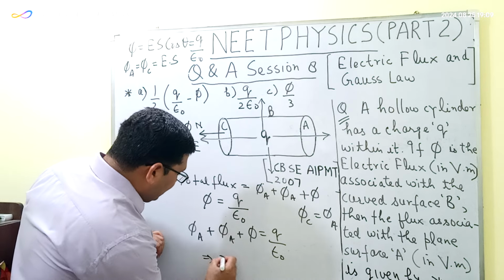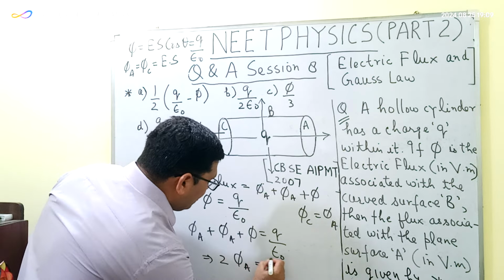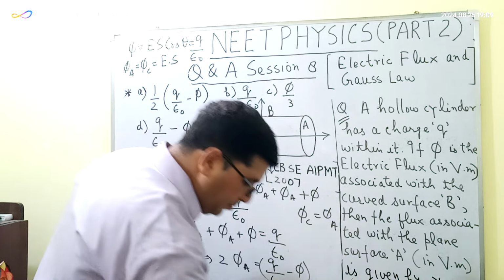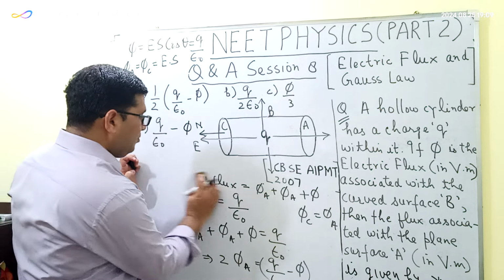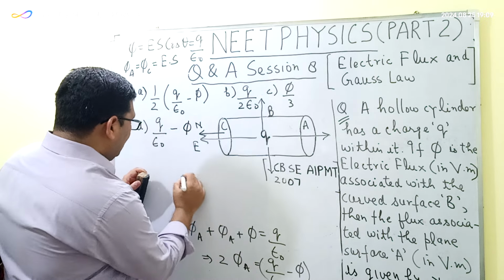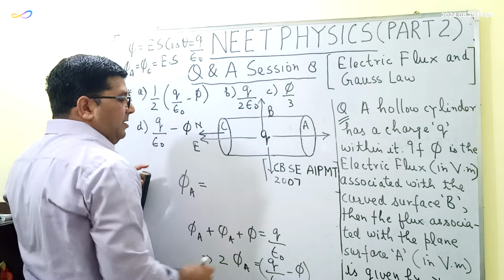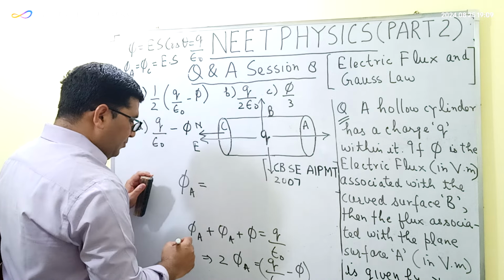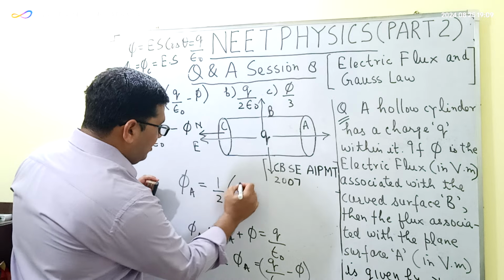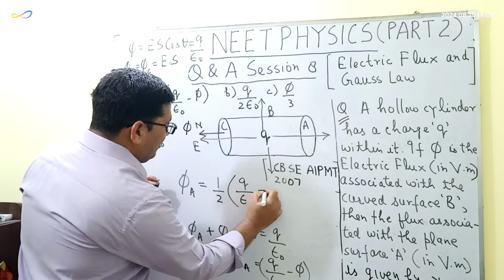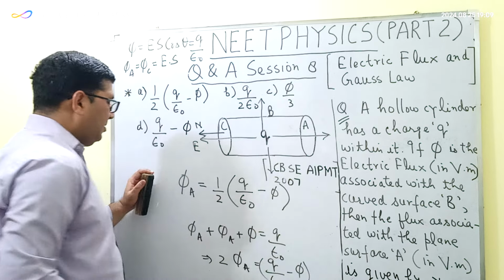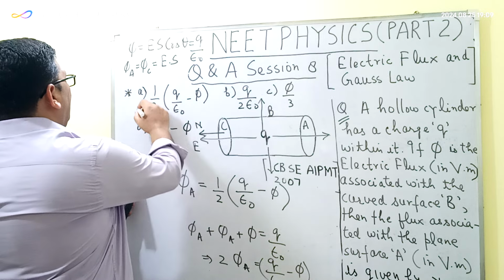From here I get 2 phi A is equal to Q upon epsilon naught minus phi. Or we can say that the flux associated with the plane surface A will be equal to 1 by 2 into Q upon epsilon naught minus phi. So the correct option here will be A.